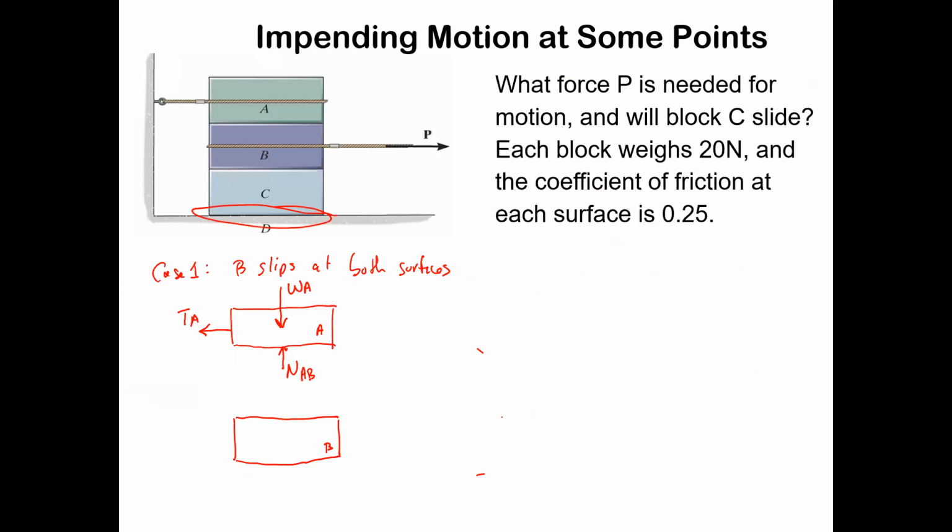You said left. A wants to stay on the left. Okay. Well, suppose the rope wasn't attached to A, and we start pulling at B. What do you expect to happen? Which way is A going to go? It's going to go with B, which is to the right, right? What force is making it do that?